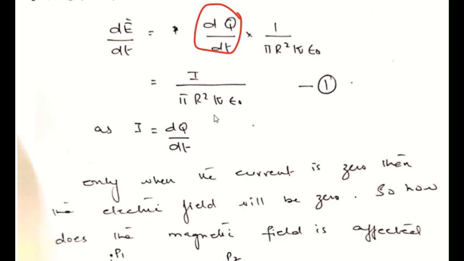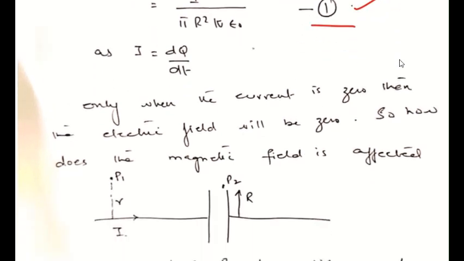This is equation number 1. Later on we'll be using this equation, so just keep this in mind. Only when the current is 0 will the electric field be 0. If there is no current through the wire, there will be no electric field between the capacitor.